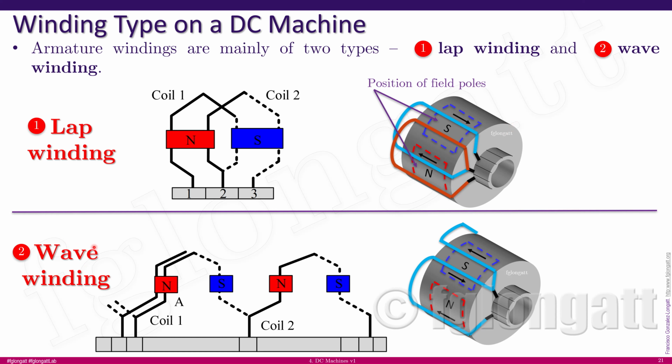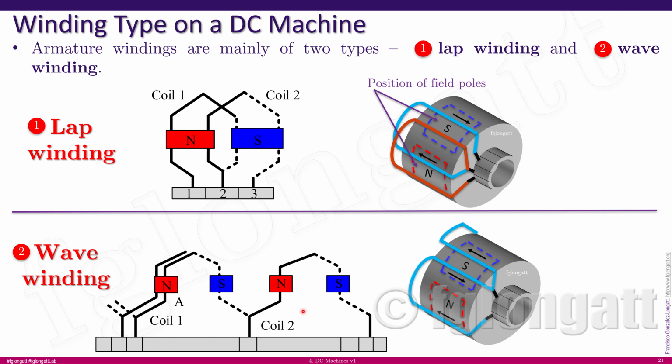The second type of winding is the wave winding. This is coil number 1, this is the starting point. You go through the North Pole, the South Pole, and then you go back to close this coil, and that is the starting point of the next coil. However, you can see that they are connected several slots apart. So in this case, the wave winding connects the coils in series.